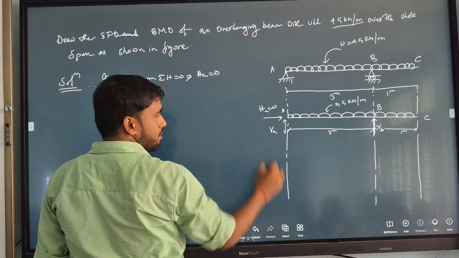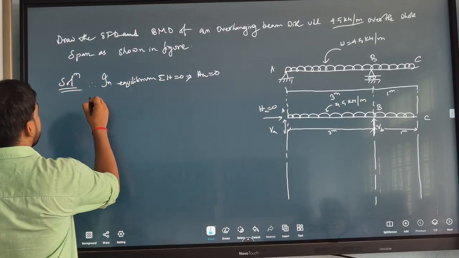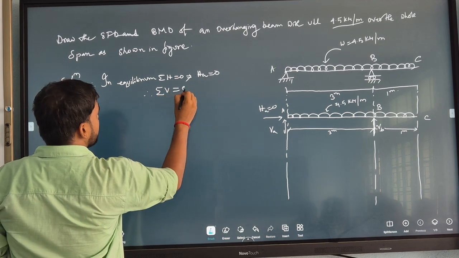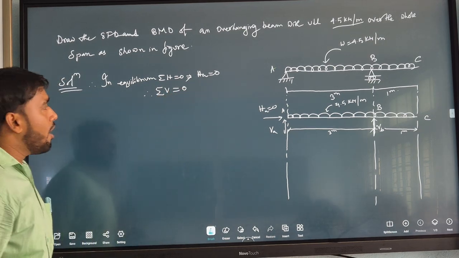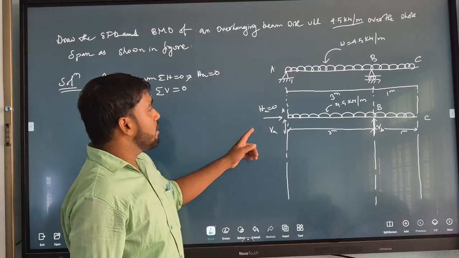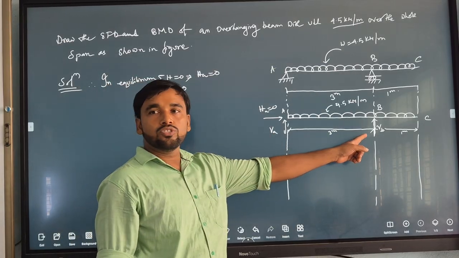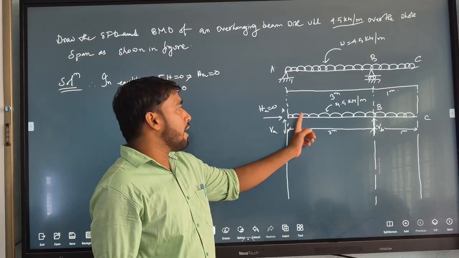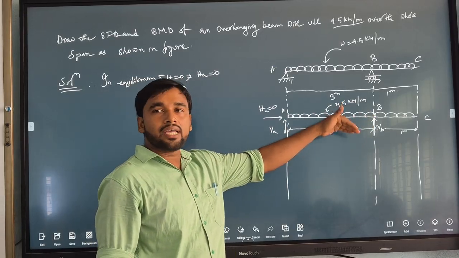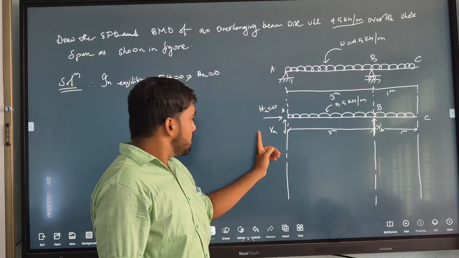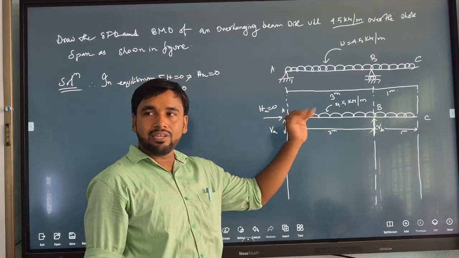Again in equilibrium, summation of vertical force is equal to 0. How many vertical forces are there? There are 3 vertical forces: the two support reactions and the UDL acting vertically downwards, with VA and VB acting vertically upwards.